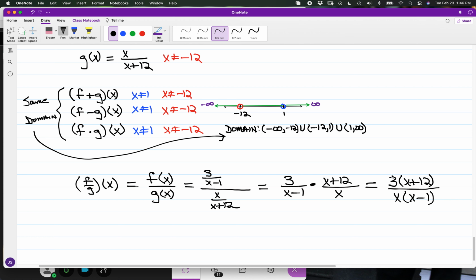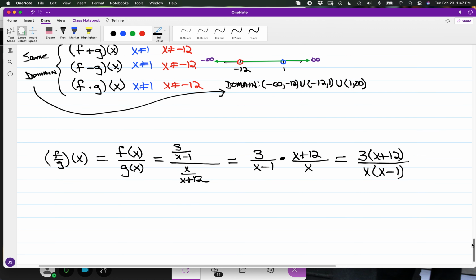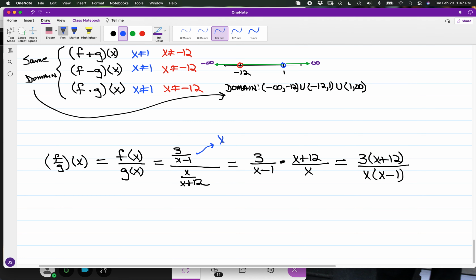Now, in terms of the restrictions, I'm still working with both f of x and g of x. So I still have that x cannot be equal to 1, because I still have a fraction with f of x, so I cannot have a 0 denominator for 3 over x minus 1.